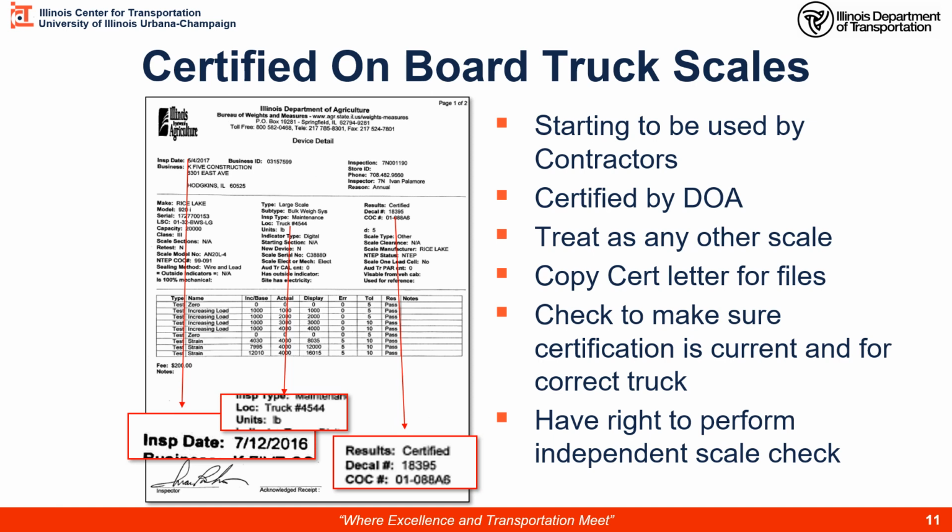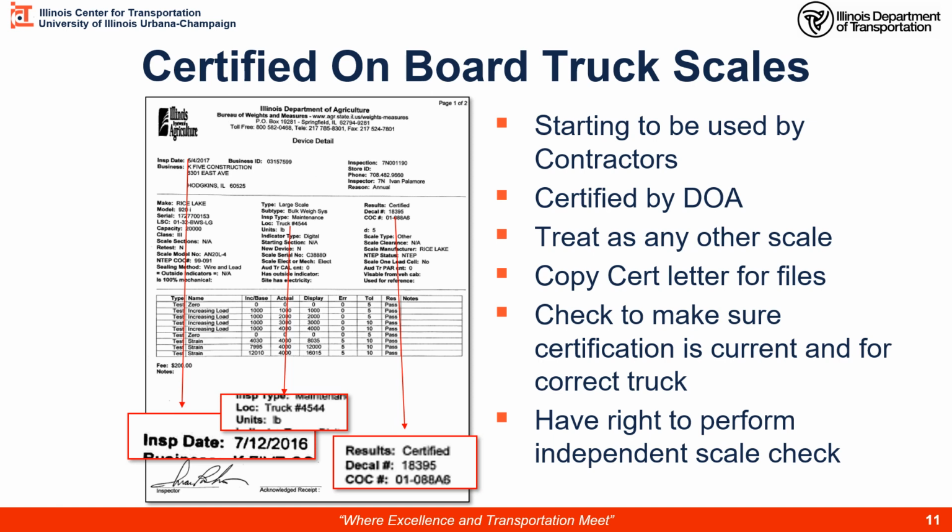Get a copy of the cert letter for your file, just like you would have gotten maybe a photo or at least a scale cert number off of the tag at a fixed scale, and check to make sure it is current and for the correct truck, because there are a couple of these trucks in the company, and they should have the right certification with the correct truck.